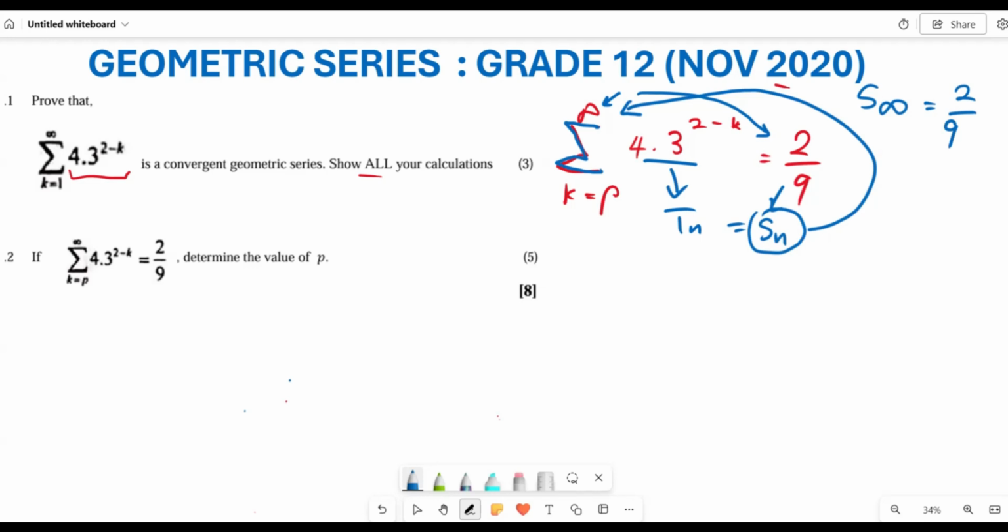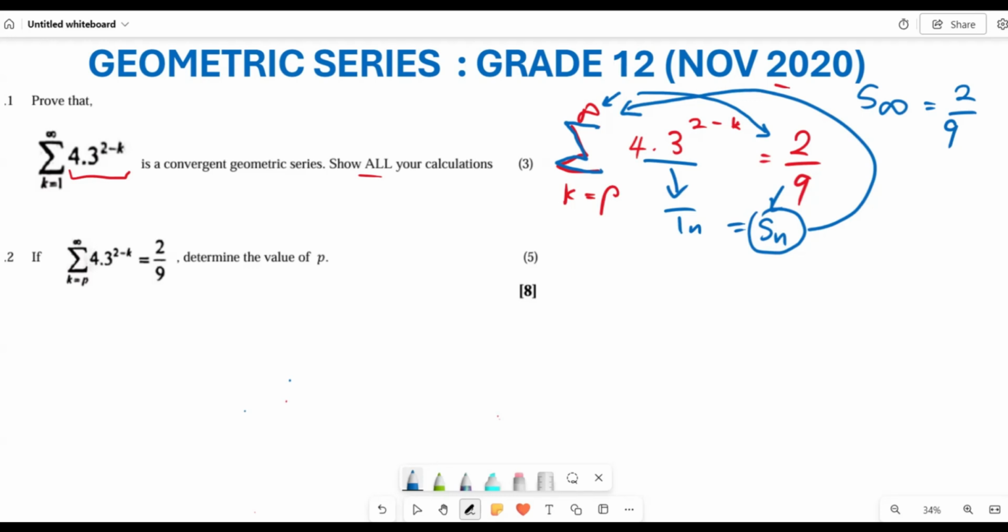Now, let's look at what it is that you're having. For an example, if we want to write this, what can we do from here? We can find out the value of our a, right?